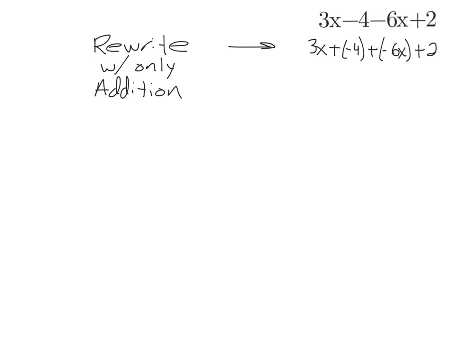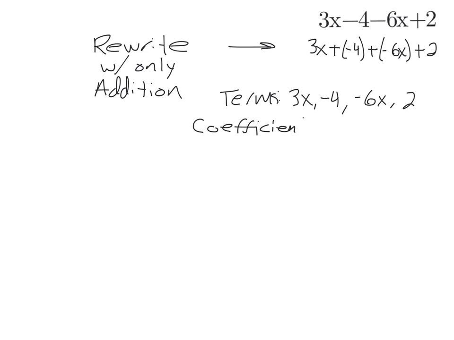And now that I have this written out with just addition, I can identify all of the different things that I want. If I want to identify the terms, I have 3x, I have negative 4, I have negative 6x, and I have positive 2. Terms. Now if I want to have the coefficients, remember the coefficients are the numbers that are multiplying the variables.